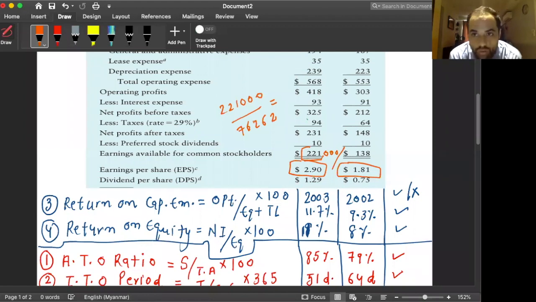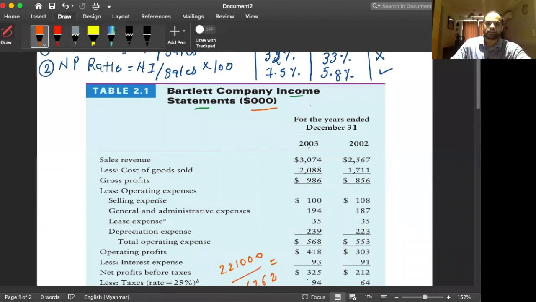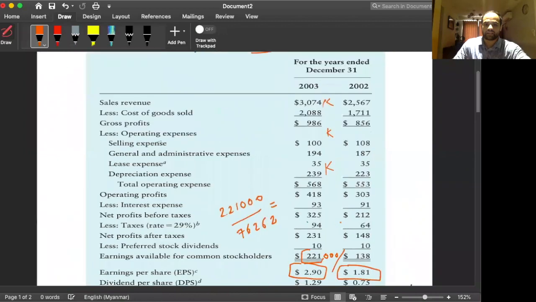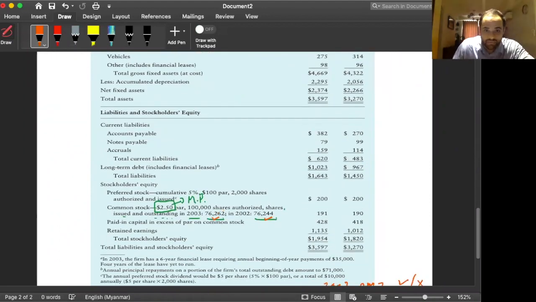All right, so make sure, don't make mistake. Read your question carefully. All the numbers are given in thousands. Same thing with the balance sheet. But when you use balance sheet with income statement, that's fine. You don't have to convert it. But when you use some information like here, it's 76,262, so you can do 221 divided by 76.262.